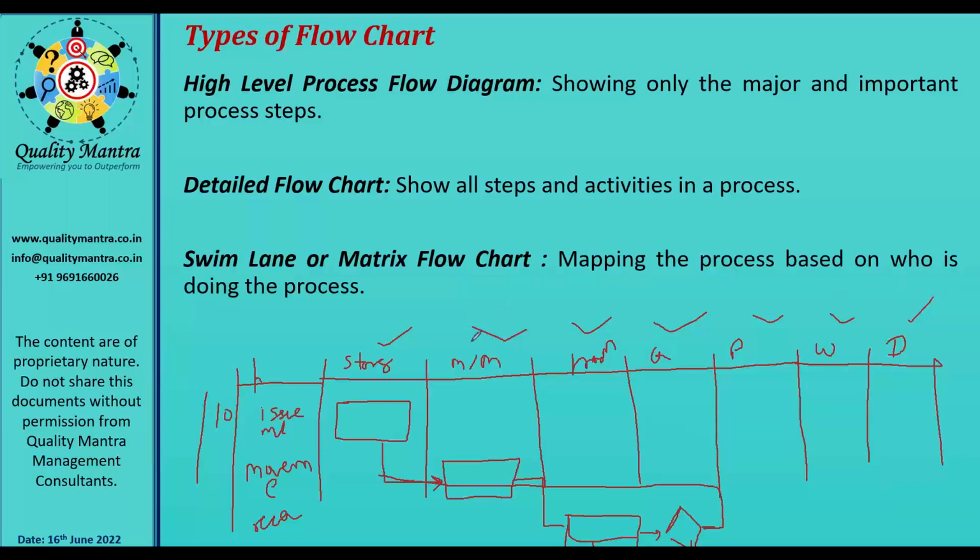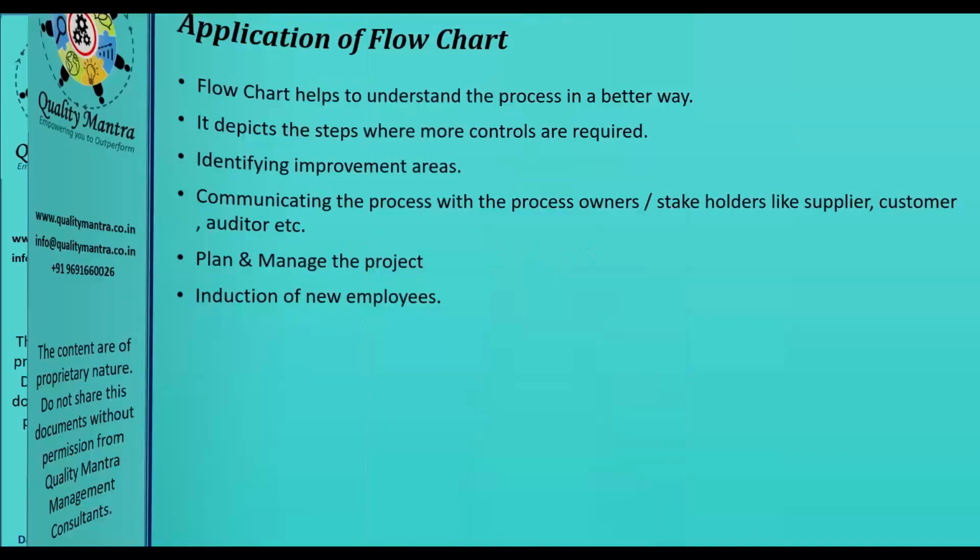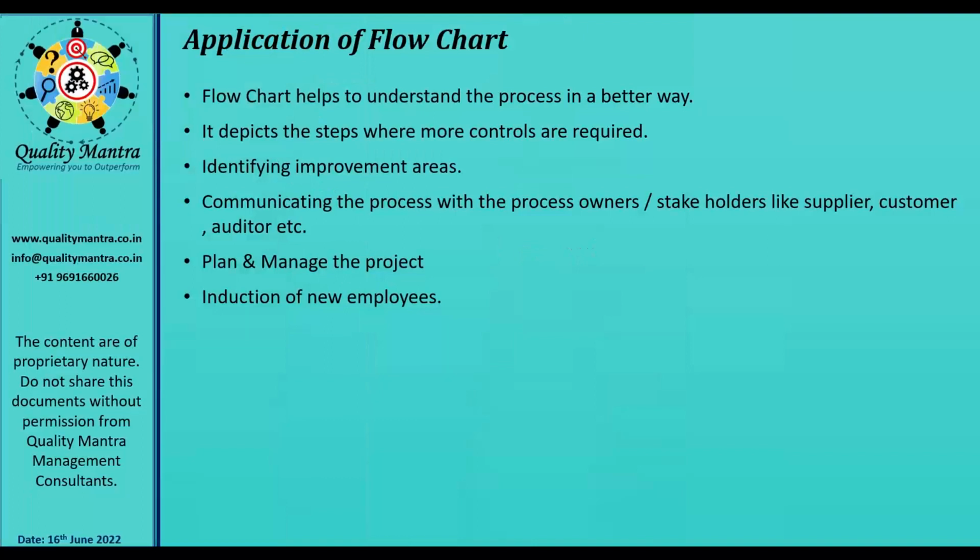So this is one of the kind where you will know who is doing what, who is responsible, when you is doing. So this will have a clear cut understanding. So this is called a swim lane or matrix flow chart. There might be many others, but for the sake of this course, we are sticking to this only.